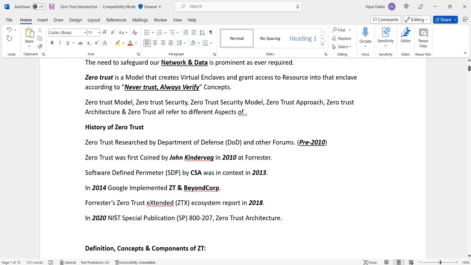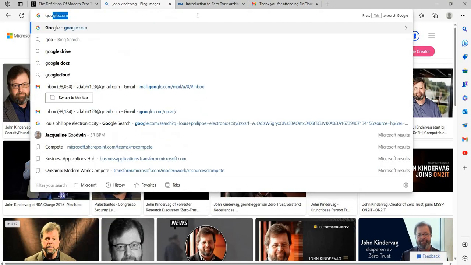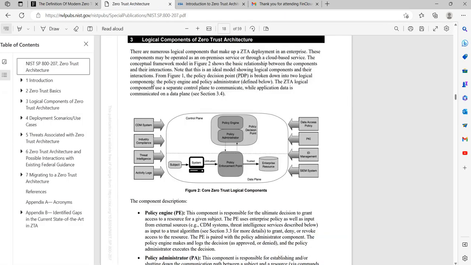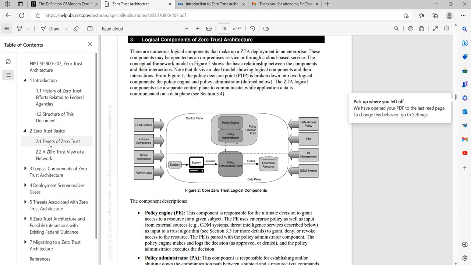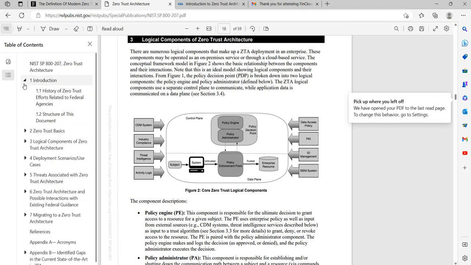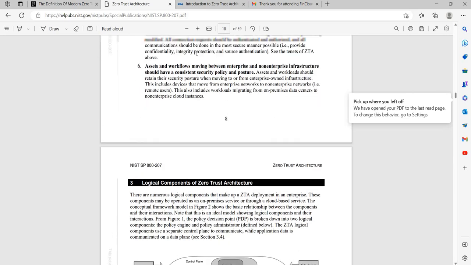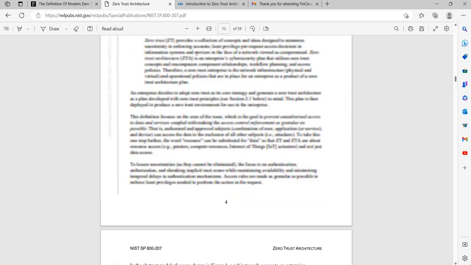So you can also check this out. This is the National Institute of Standards and Technology report around Zero Trust.